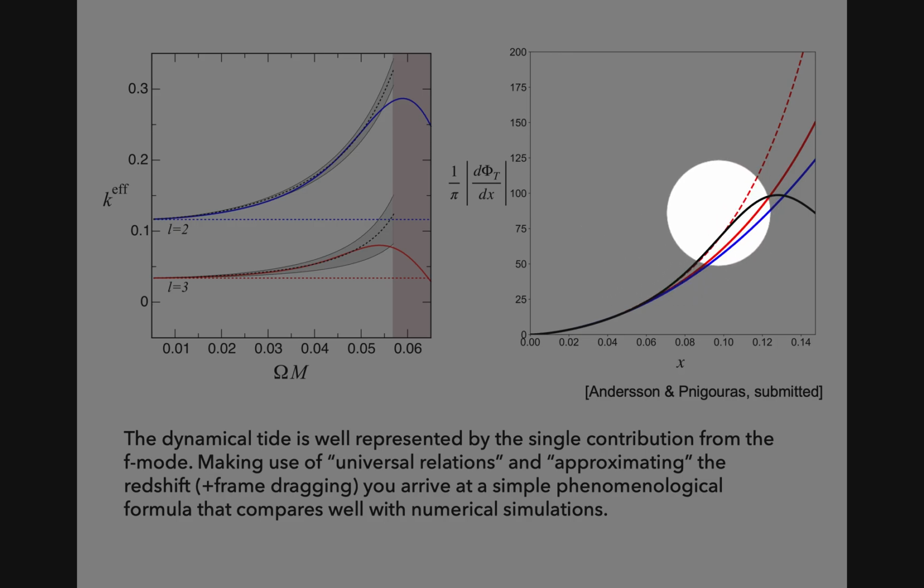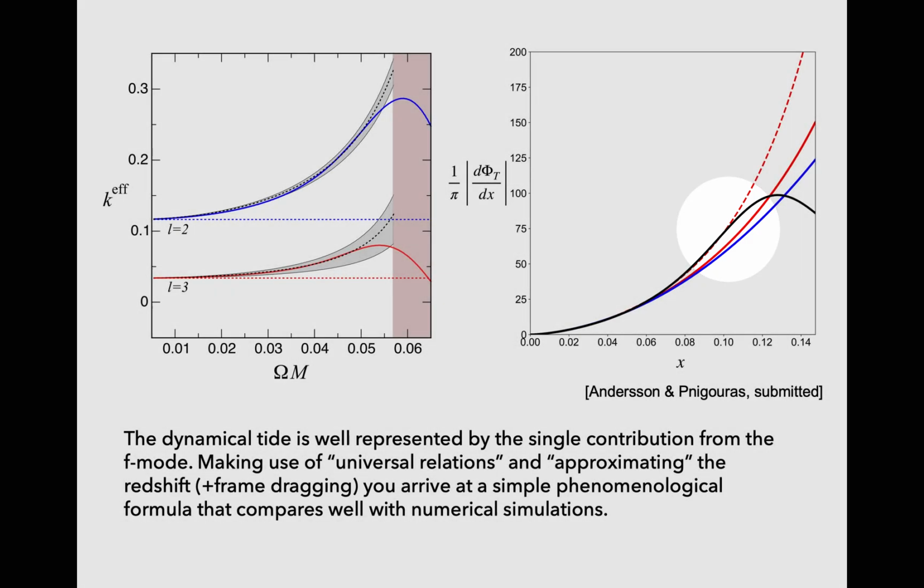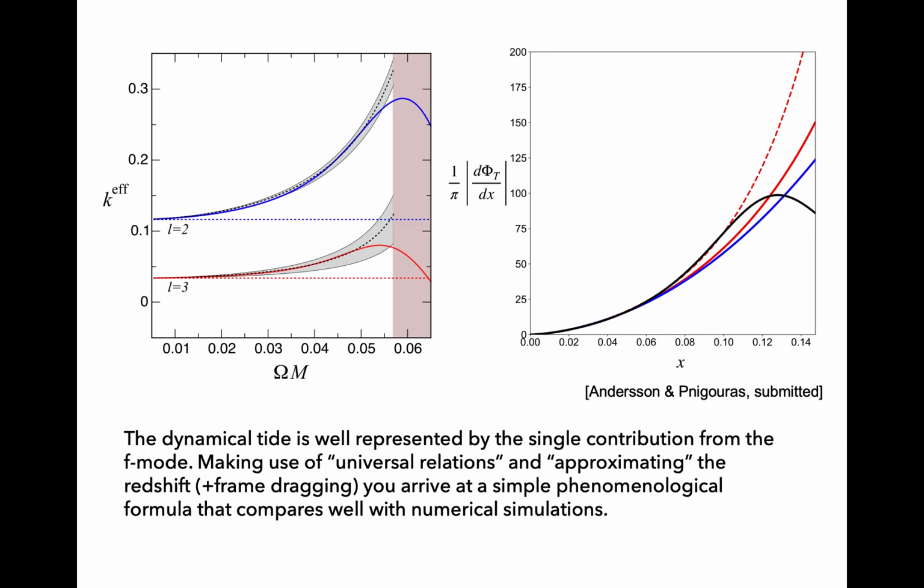Actually, it stays accurate to less than a couple of percent in orbital phasing all the way up to very close to merger. So that, I think, illustrates how the dynamical tide does come into play, what the main features are, and that we can write down simple approximations that compare very well to simulations.